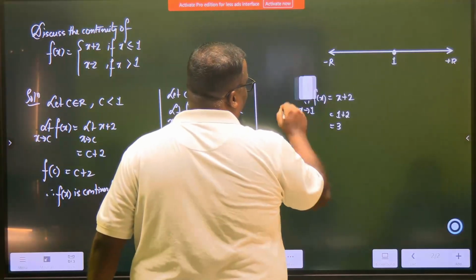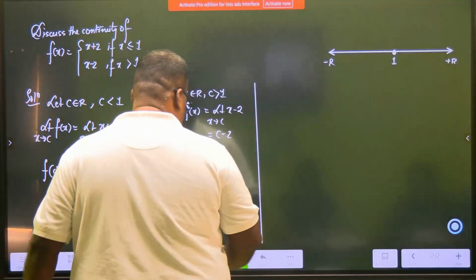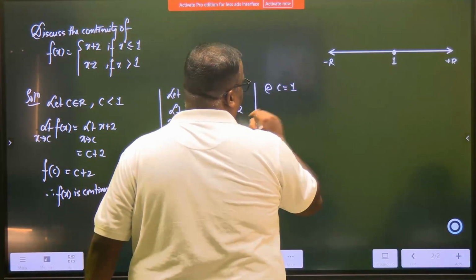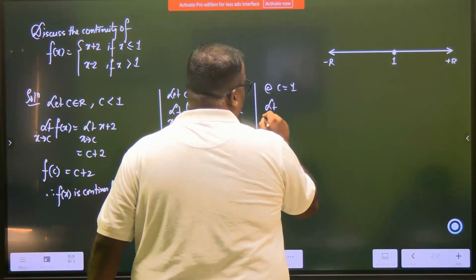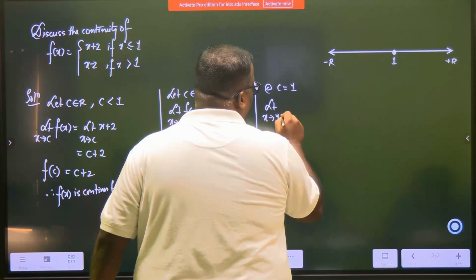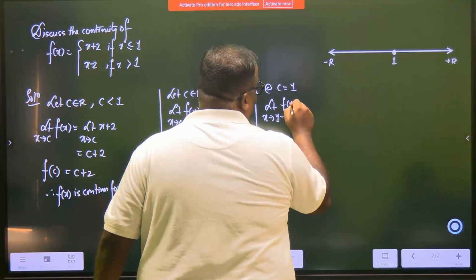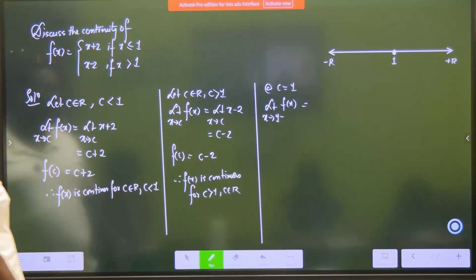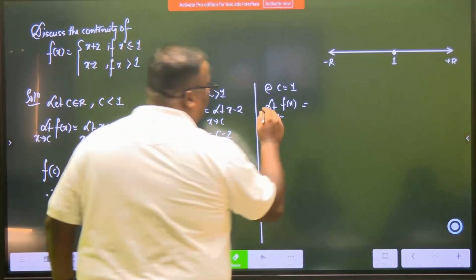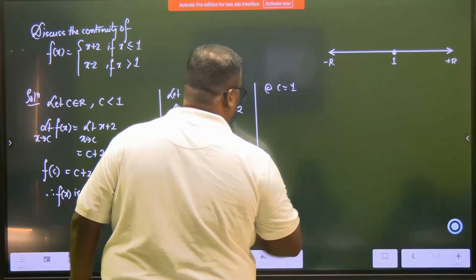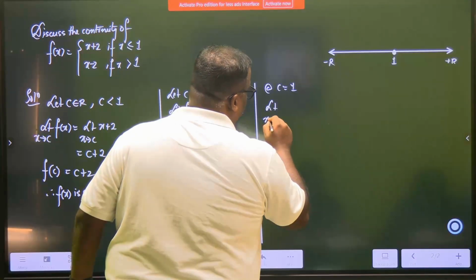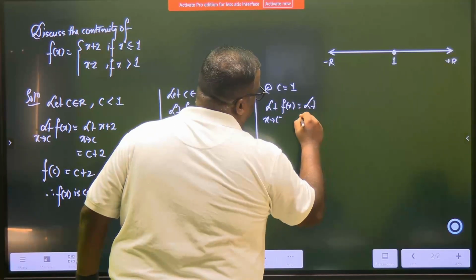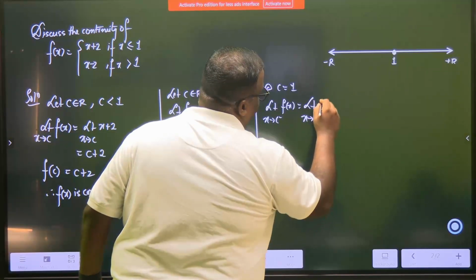So at c equal to 1, we will say limit x tends to 1 minus f of x is equal to, or if you want to show it in a proper way, then we can write limit x tends to c minus f of x will be equal to limit x tends to 1 minus f of x.